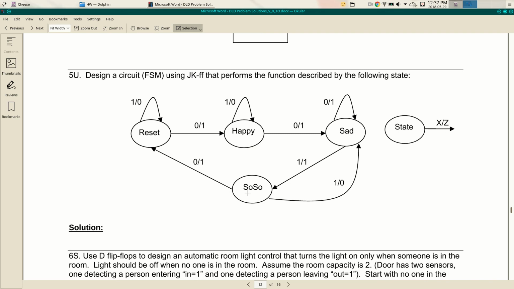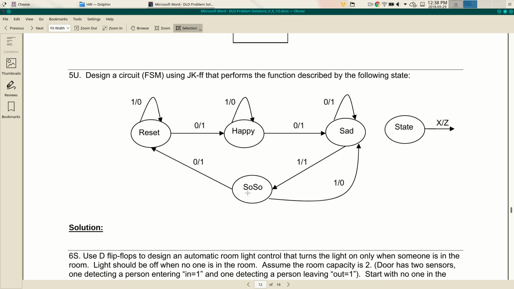And let me put this up here so that we can refer to it. So this is reset. This is happy. Sad. So 1 takes you there, a 0 takes you there. Happy, a 1 moves you here.